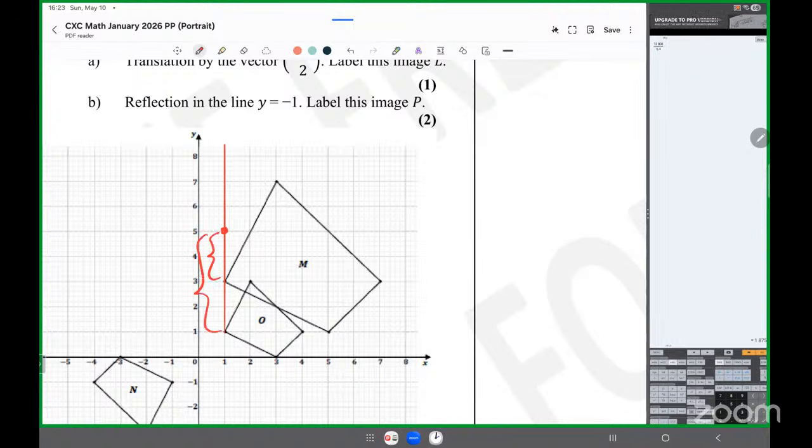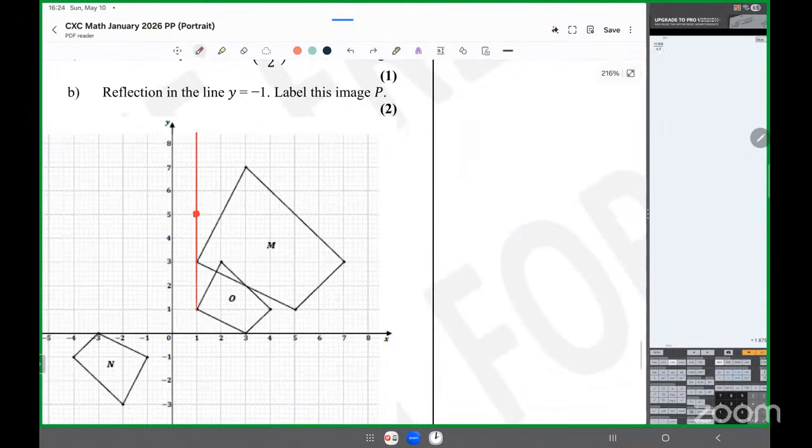But the other way to find it is to join two other corresponding points, like this point. That's not right. I'm going the other way.